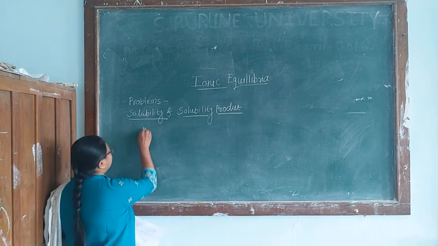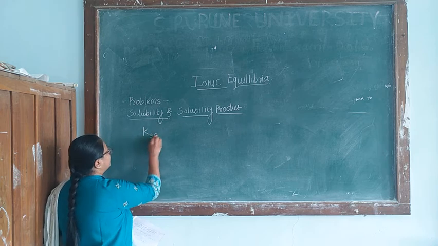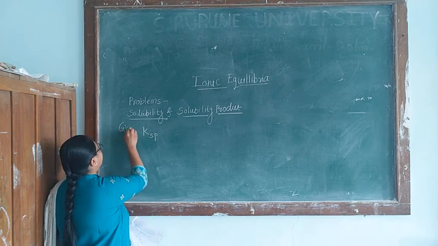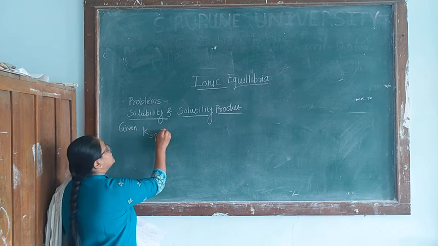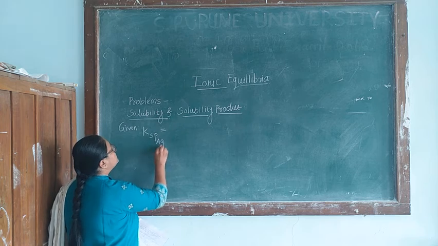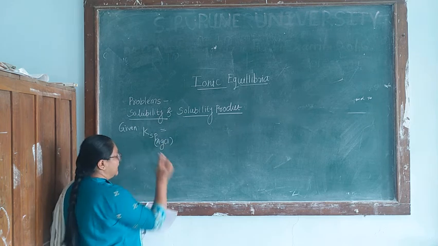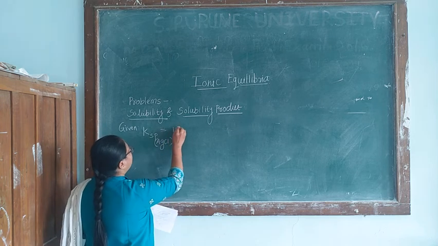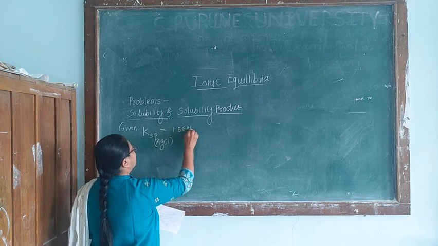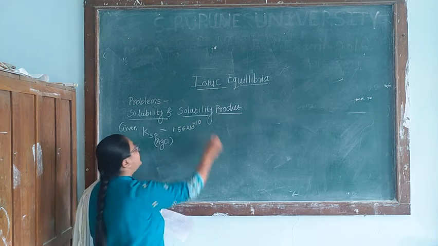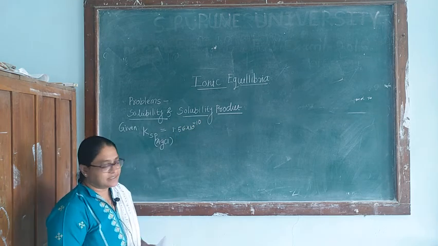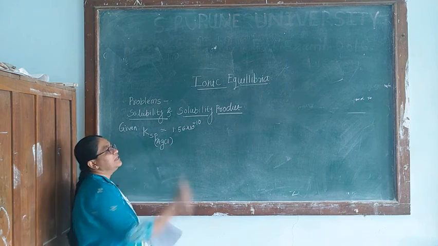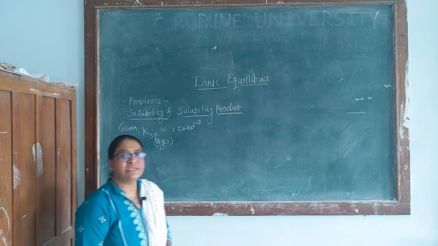Let's write the given data. The solubility product of silver chloride is 1.56 into 10 to the power minus 10 at 25 degrees Celsius.